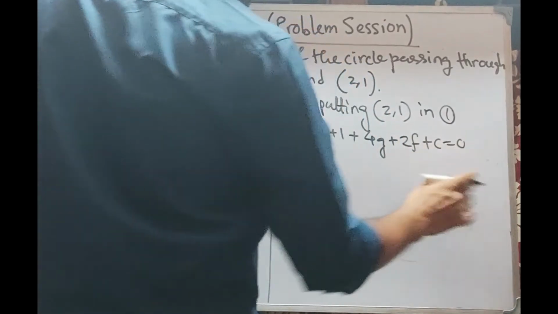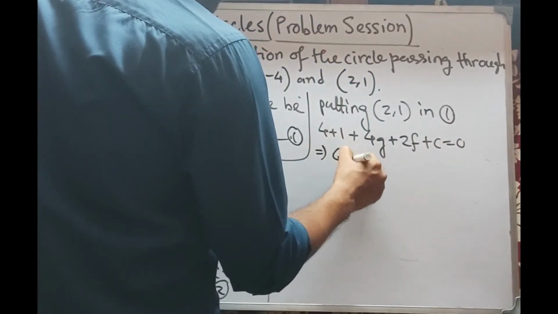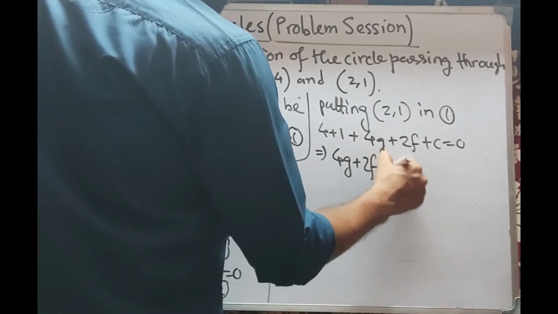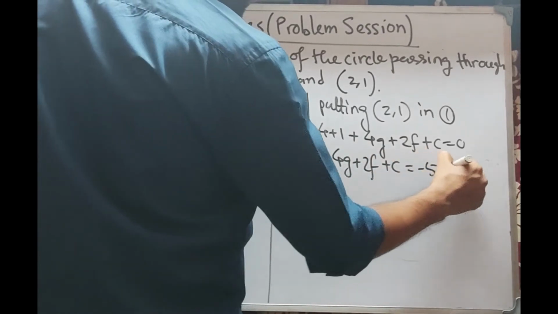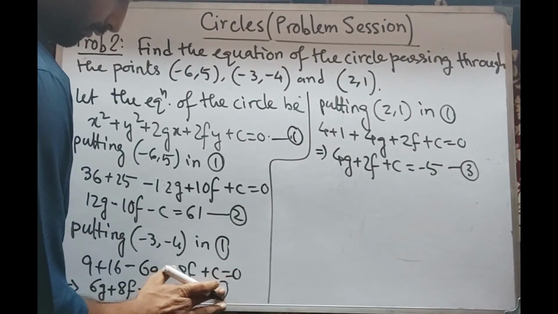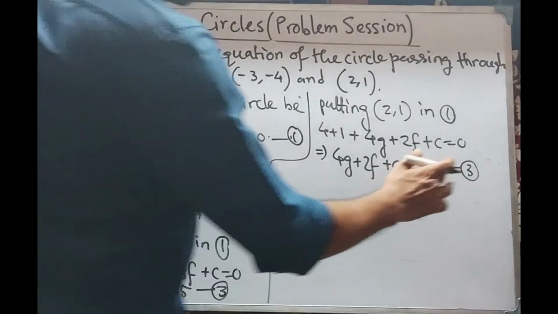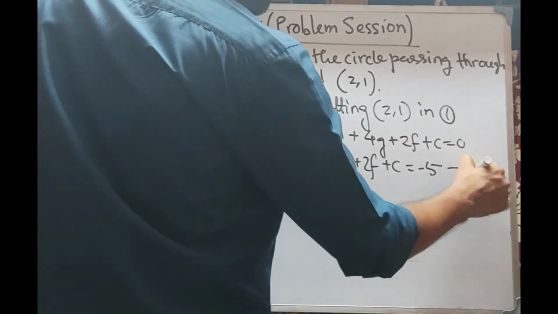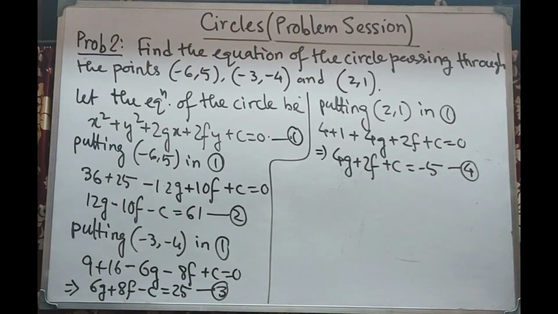Or we can say 4g plus 2f plus c equal to minus 5. This is our fourth equation. So now we have to solve 2, 3 and 4 and find the value of g, f and c.